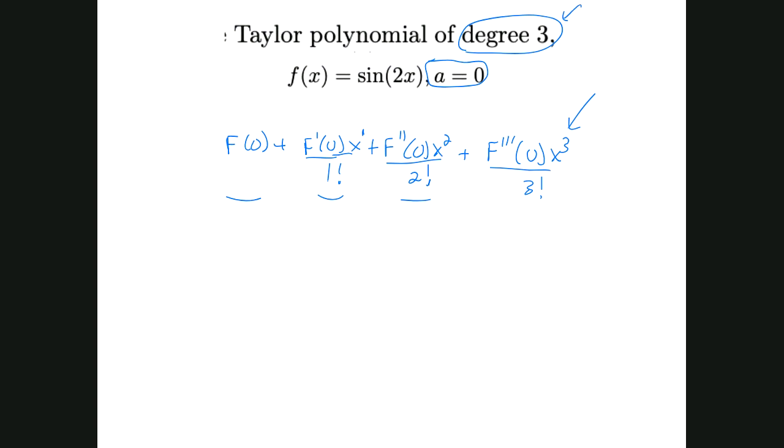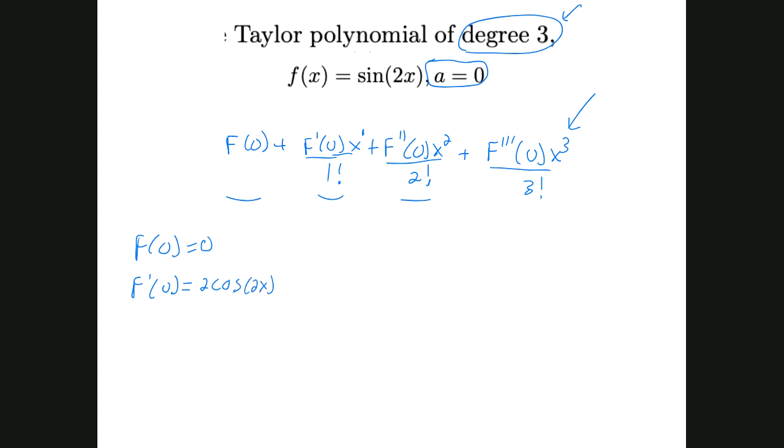So the first thing I would do on a problem like this is you have to know what f of 0 is equal to. Well, I just put 0 in here. 2 times 0 is 0. Sine of 0 is 0. I need to know what f prime of 0 is equal to. Well, then I take the derivative of this. That's cosine of 2x times 2. So that's 2 cosine 2x. Put 0 in there.